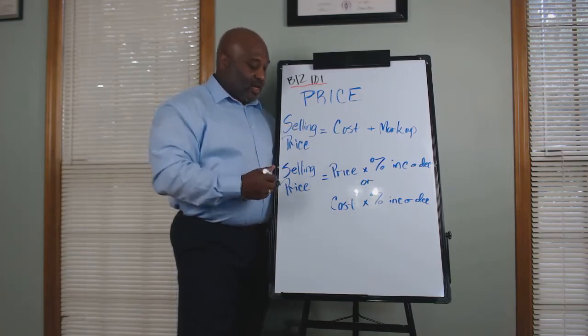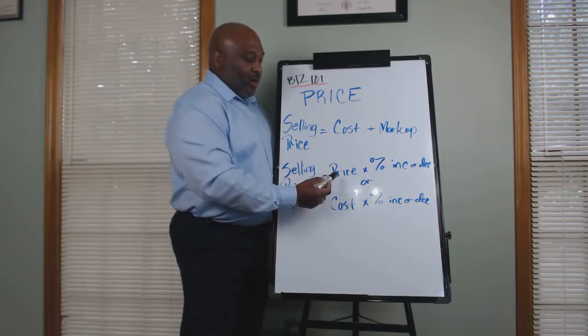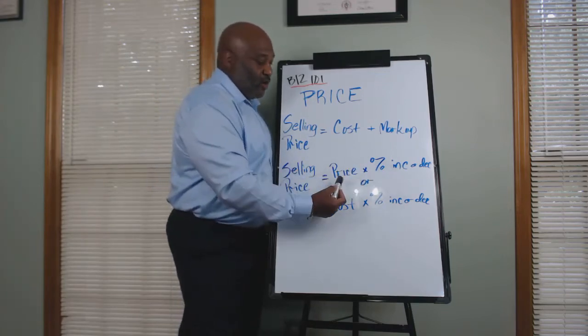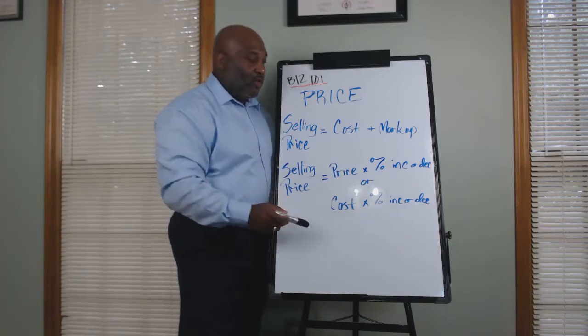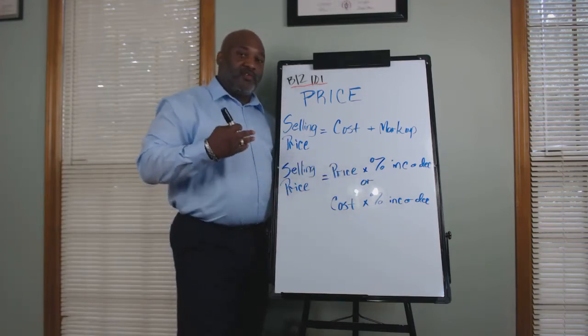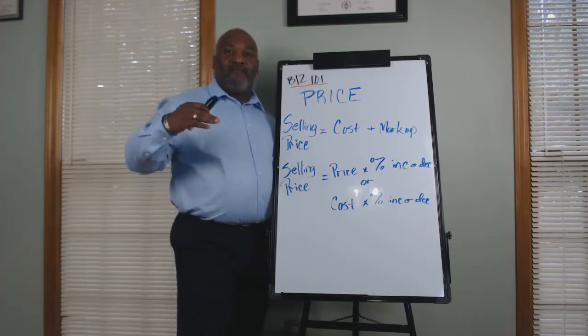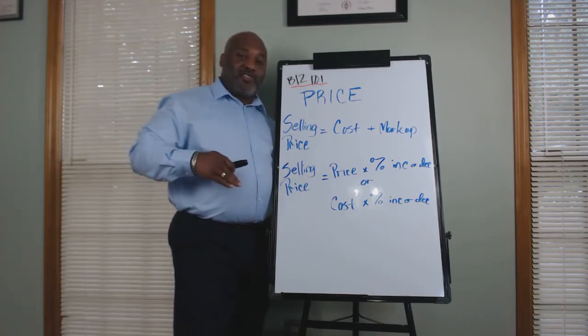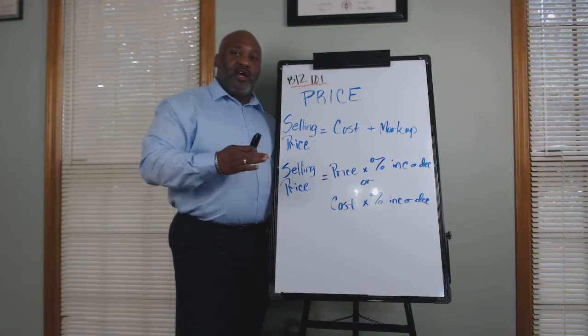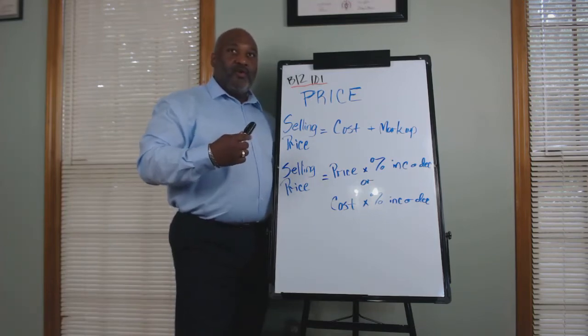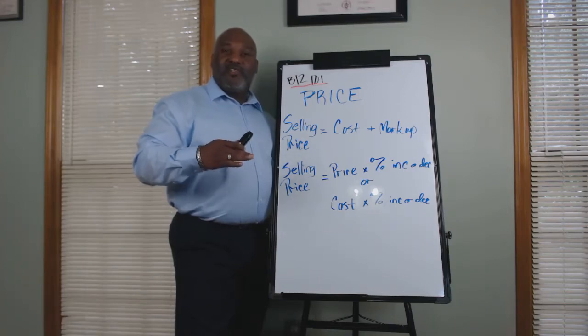The next example is when we do a percentage increase or decrease on the selling price. So looking at our previous example where we were selling them for $20, we're just going to say that we're going to increase by 5% or decrease by 5% off that $20 to get our new price. An example where you may use that is where you may have an increase in a cost.